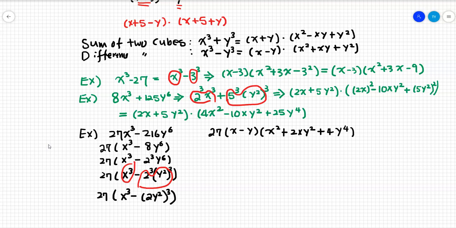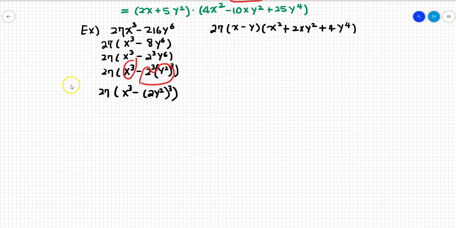I want to talk about one more thing here before I finish. So let me see what we got here. Okay, so I have this problem here.